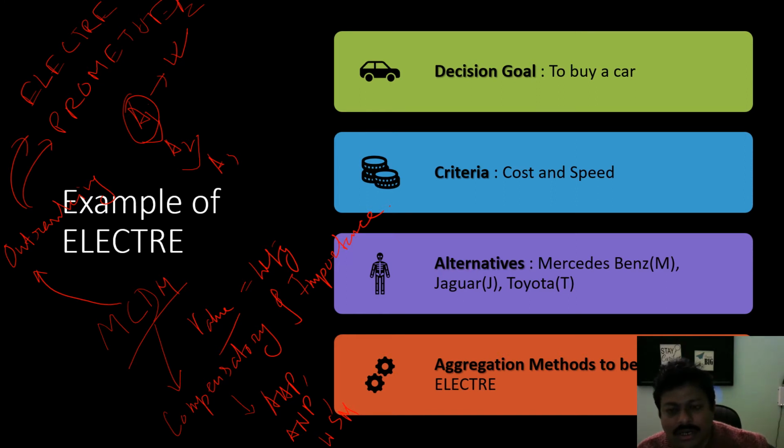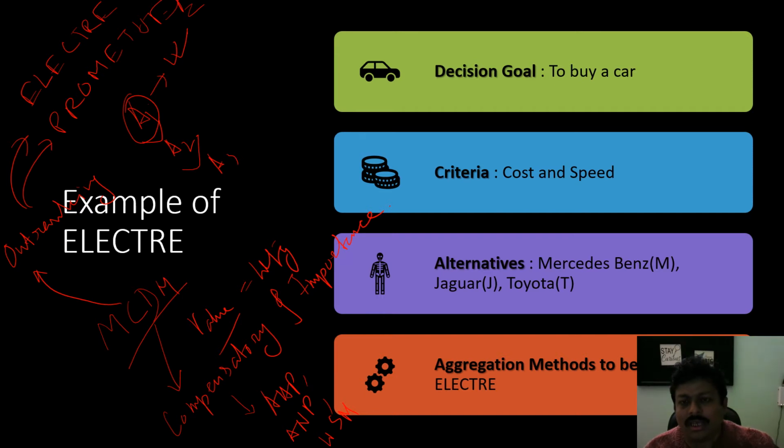Same for criteria. You do not need to define the criteria as beneficiary or non-beneficiary. The procedure itself will select which one is beneficiary and which one is not.